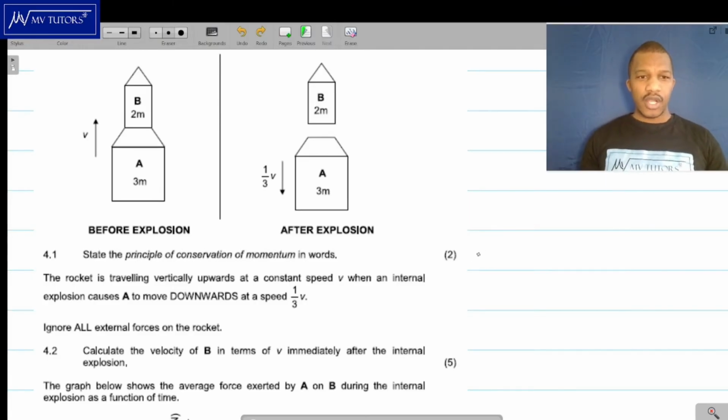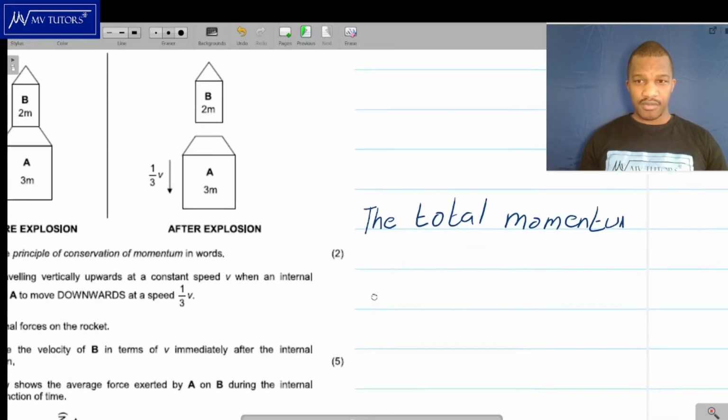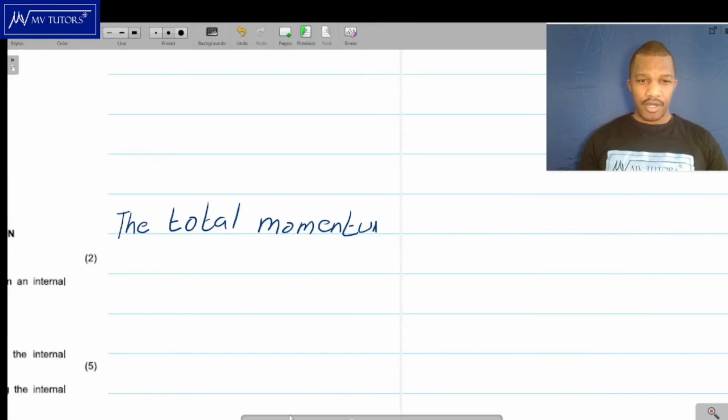Now, the conservation of momentum says that the total momentum. Let's get more space. I want to write a long sentence.